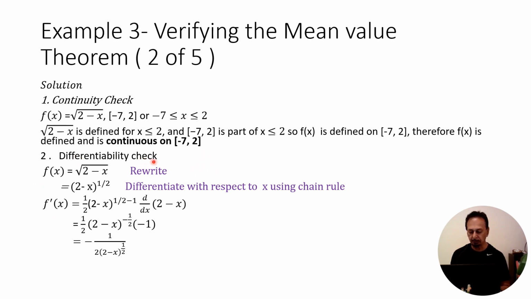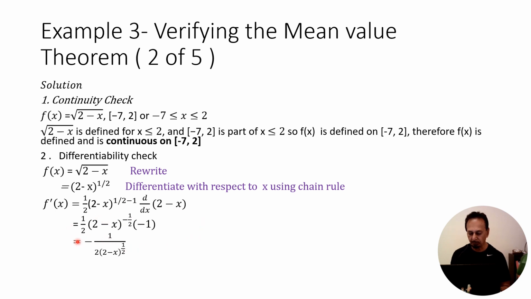Number 2, differentiability check. Let's start with f of x equals the square root of 2 minus x. Now we rewrite it as 2 minus x to the power 1 half. Now we differentiate with respect to x using the chain rule. So f prime of x: bring the power 1 half down, 2 minus x to the power 1 half minus 1, and multiply by d over dx of 2 minus x.